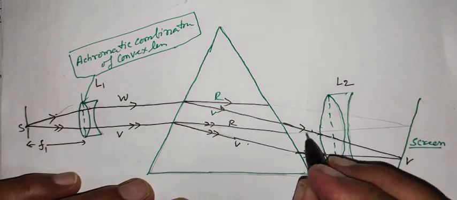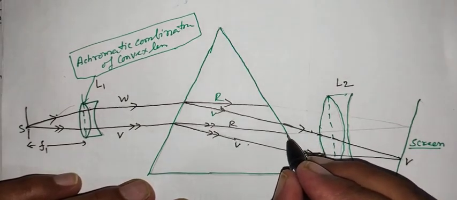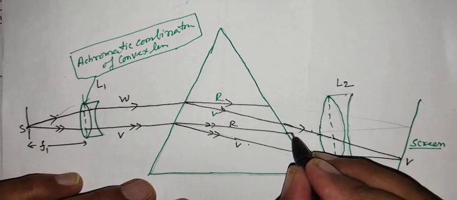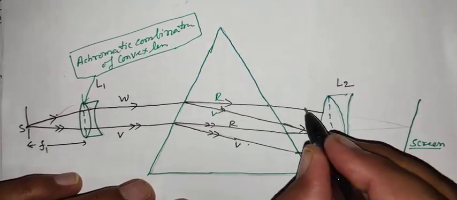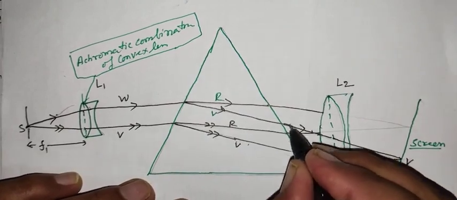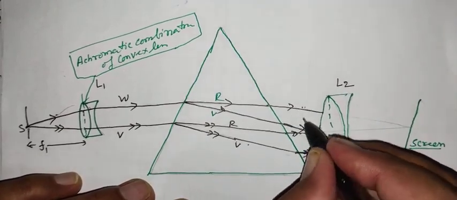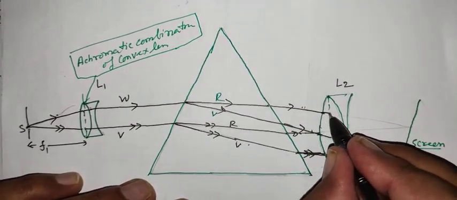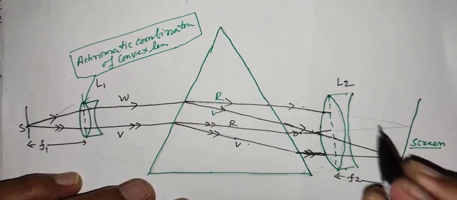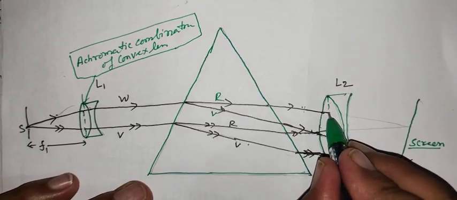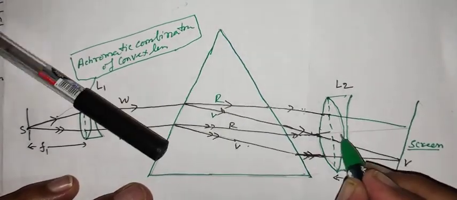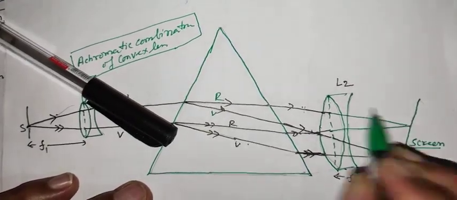The same situation arises when the red color of the end falls here, the second and this first. This also applies for the red color. When this falls on the achromatic combination of lens, it becomes parallel, and then finally after refraction, they meet at a focal point.